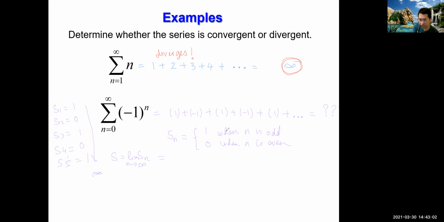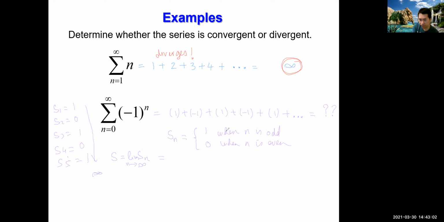But if you're looking at the n-th partial sum, you're adding the first two terms, the first 3, the first 4. All of these involve nasty fractions. And after you do the math, are we able to figure out the formula for the n-th partial sum? No, we can't. So we're going to need a way to determine whether the series converges or diverges without going through this process.